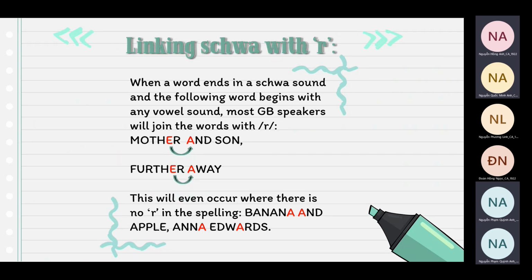And here is the linking R with schwa. When a word ends in a schwa sound and the following word begins with any vowel sound, most speakers will join the words with R. For example, in the word mother, the second syllable is a schwa, and in the word "and", it is also a schwa, so we will link the words mother and son and pronounce it like "mother-r-and son".